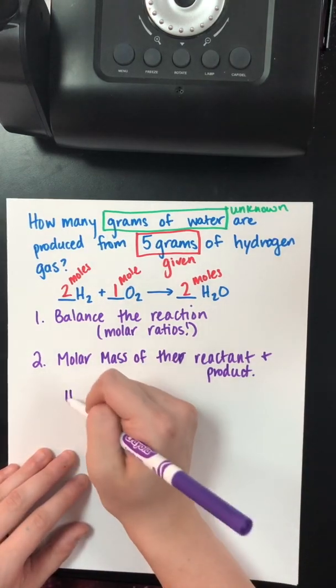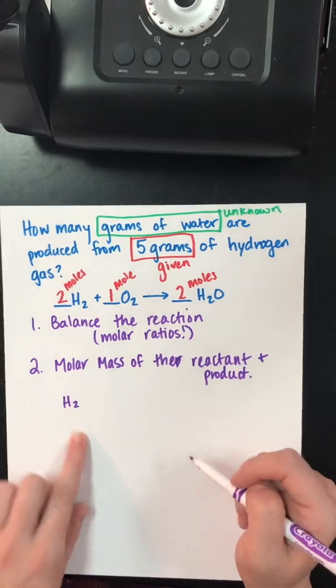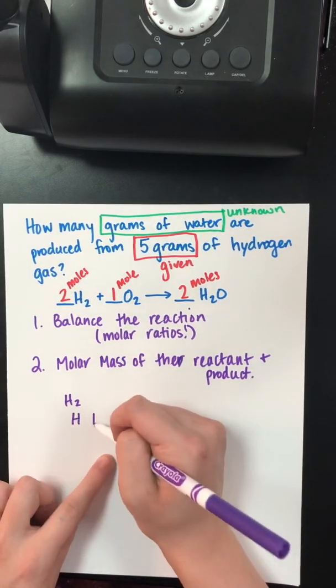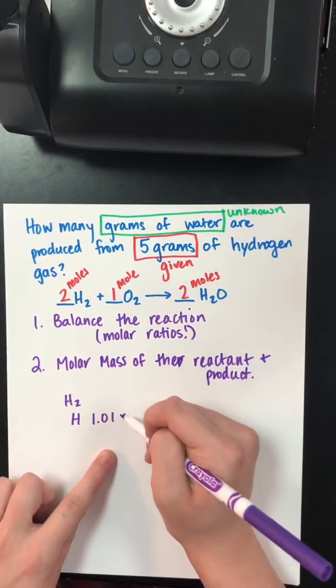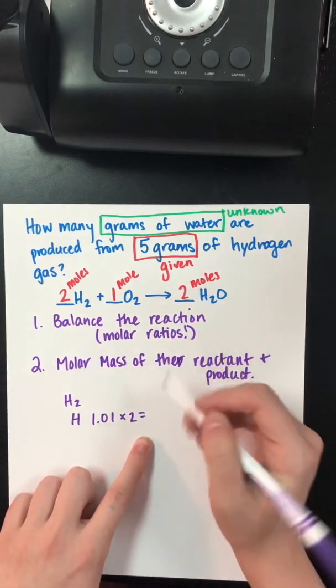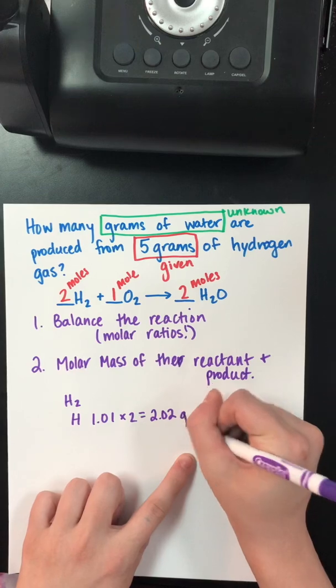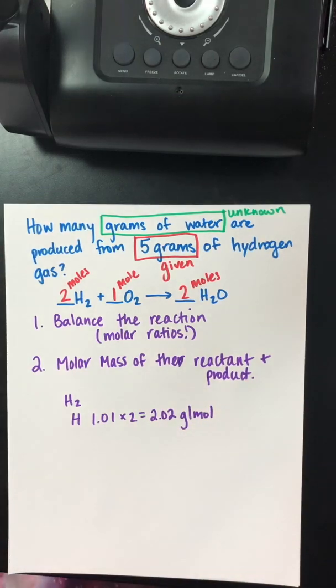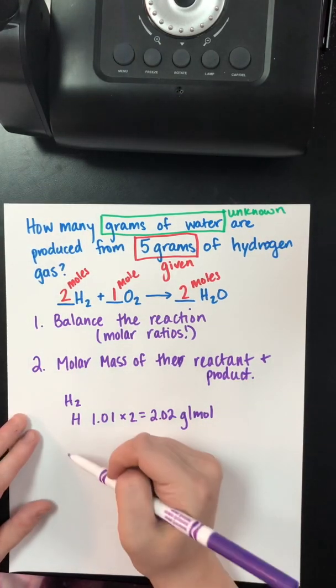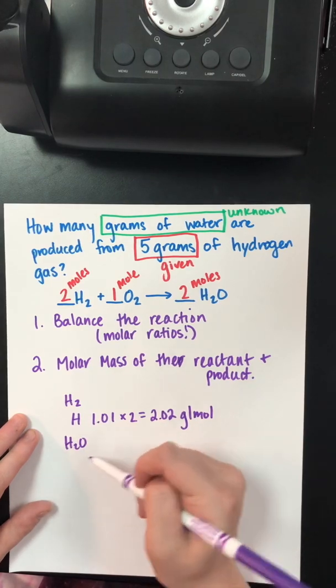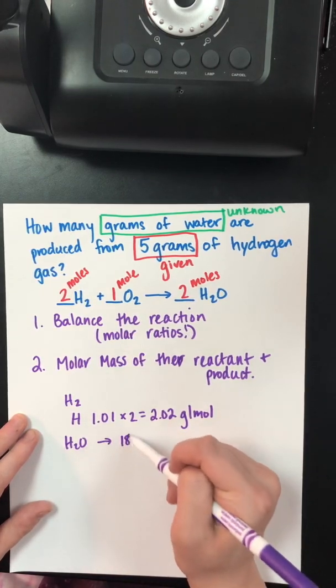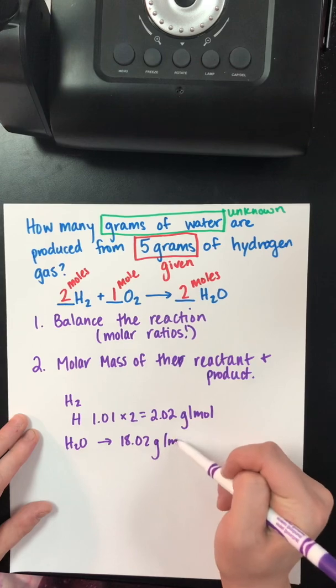This is where you take the molecular formula, break it down into its atoms, find the mass from the periodic table, and multiply by how many atoms there are. So the molar mass of hydrogen gas is 2.02 grams per mole. The molar mass of water is 18.02 grams per mole.